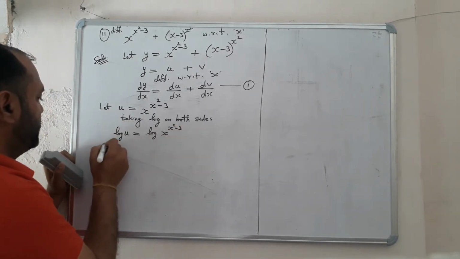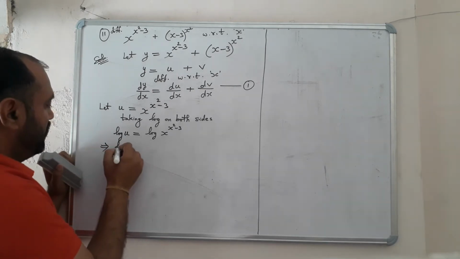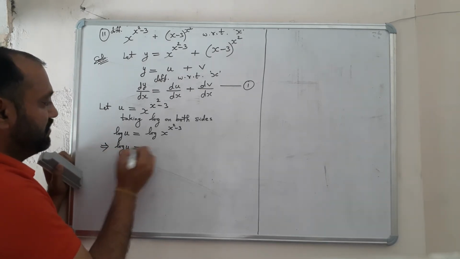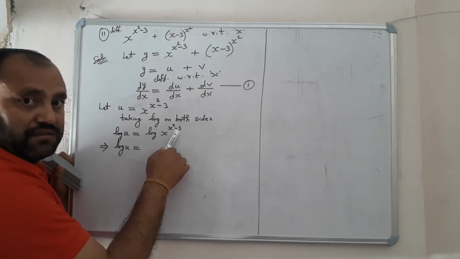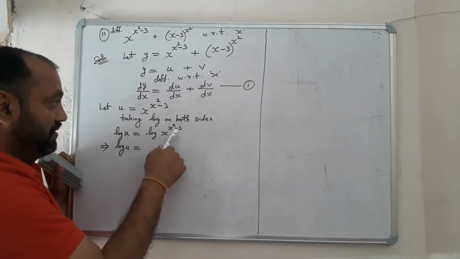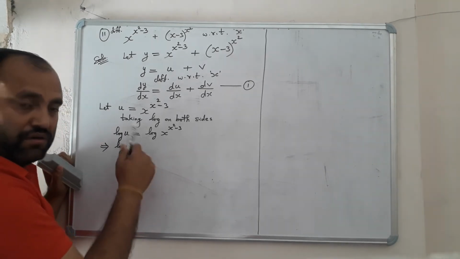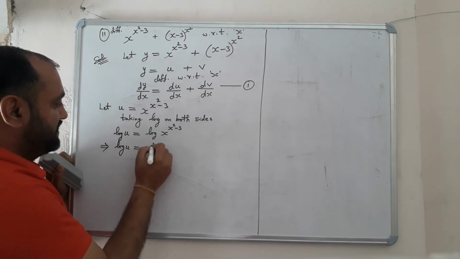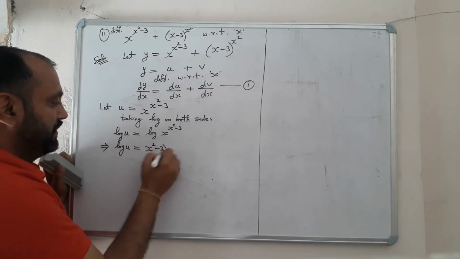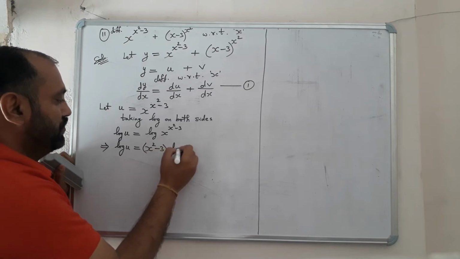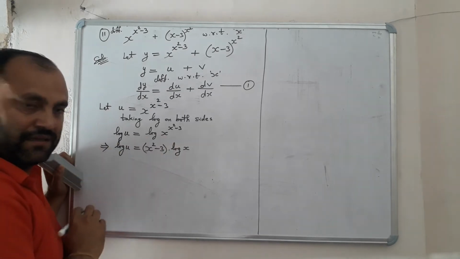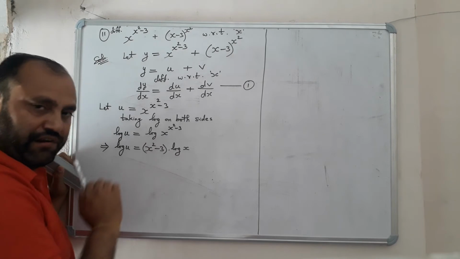So this implies log u is equal to x square minus 3 comes in front of this log, so this becomes x square minus 3, right, into log of x. This is base, this is power.